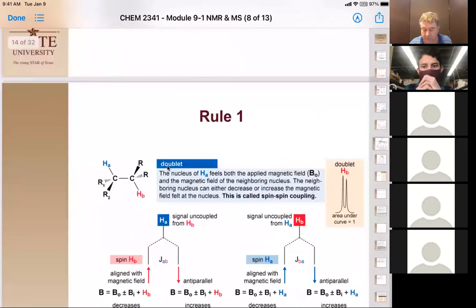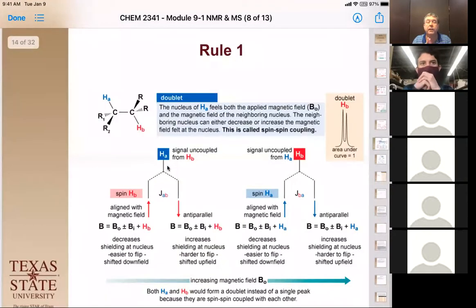Okay, so the first rule is that equivalent hydrogens don't split each other because they have the same magnetic field applied to them and they have the same number of up and down spins. However, if you have a hydrogen on 1 carbon in the magnetic field, the hydrogen on the adjacent carbon is in the magnetic field as well, but if it is spun anti-parallel to that, that gives a difference in the magnetic field, and that hydrogen can sense that.